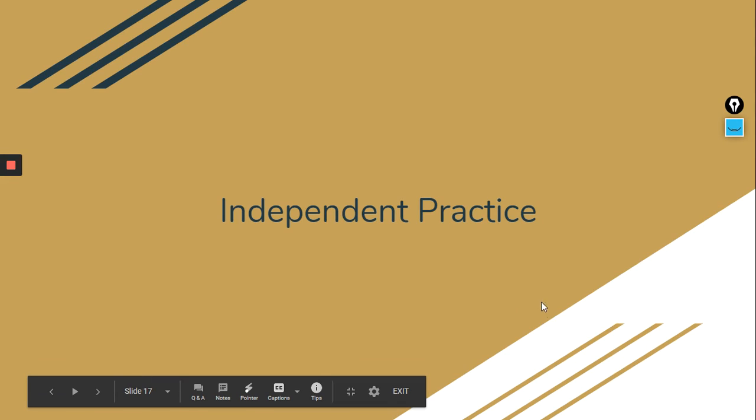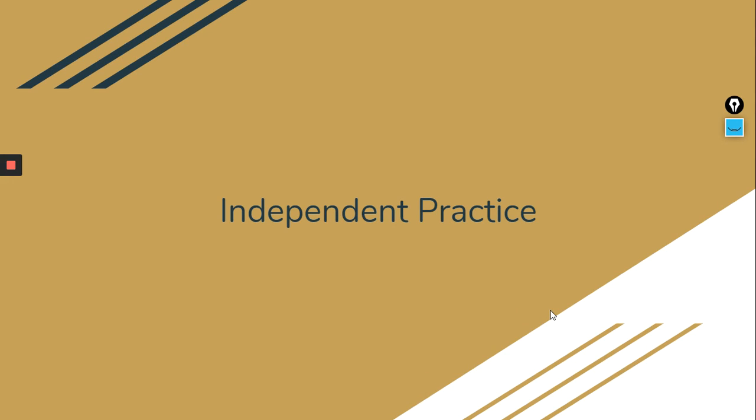All right, guys. So now that we've done it, you've watched Miss Roby find and use text features, you have practiced finding and using text features with Miss Roby, I think now it's time for you to try this on your own. Okay?